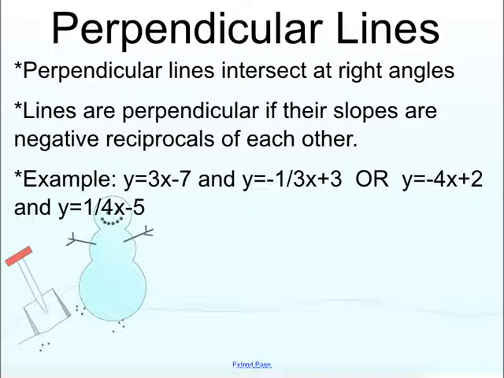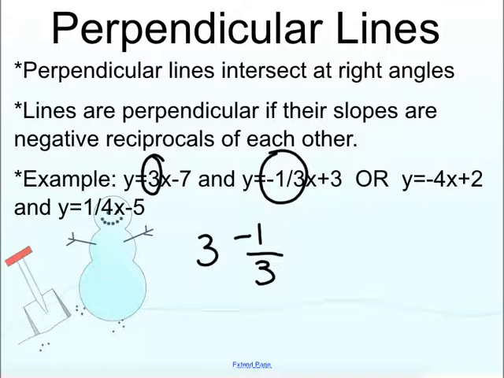And we look at these and we say our slope of 3 and negative 1/3, those are negative reciprocals, because if we just had 3, the reciprocal would be 1/3, but for it to be perpendicular, it needs to be a negative reciprocal, or sometimes it's called opposite reciprocal.